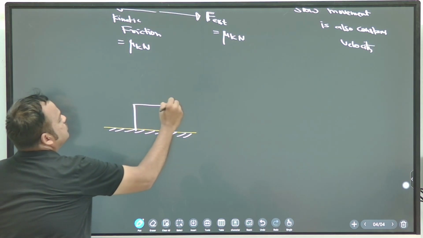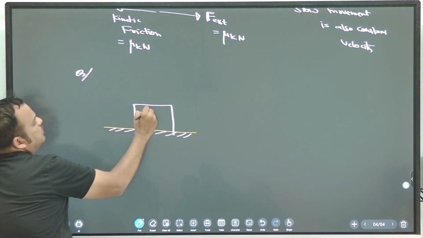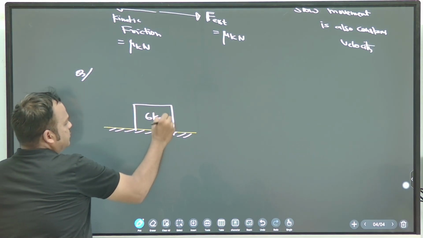Note down. Next question. Suppose this block is 6 kg.